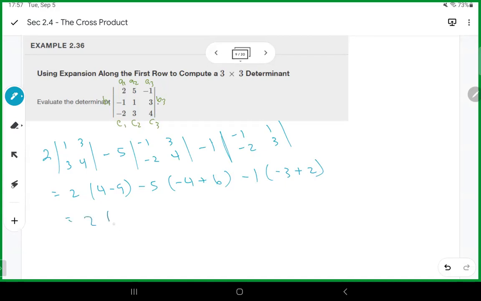And we have 2 minus 5, minus 5 times 2, minus 1 times 1. And that will give us negative 10 minus 10 plus 1, negative 20 plus 1. So that is a negative 19. Okay.